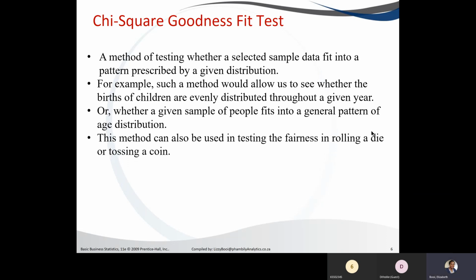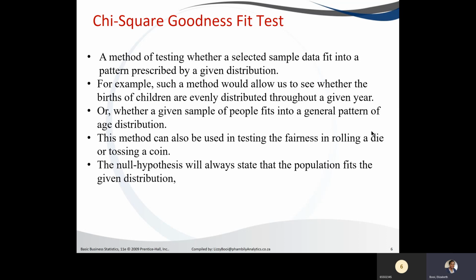And this method can also be used to test the fairness of a coin, or rather, when you roll a die, you want to see if it falls on 4 or 1 or 6, and so forth. Or when you toss a coin, you want to make sure that the coin is fair and it will land on a head or a tail.